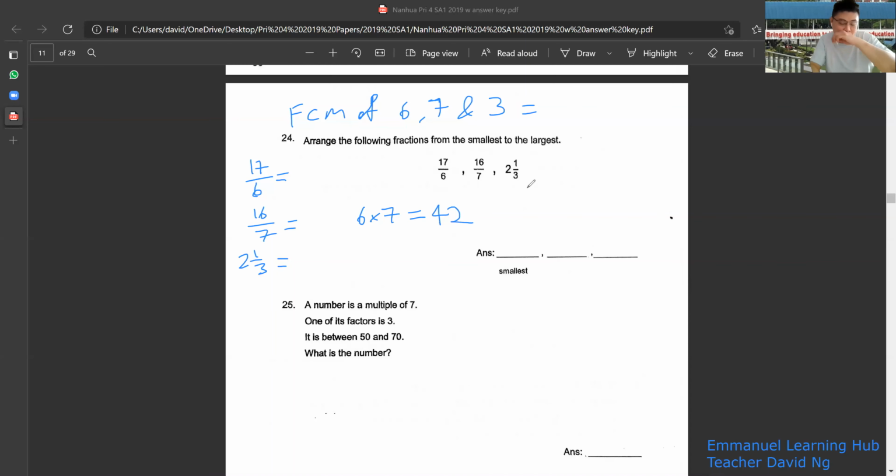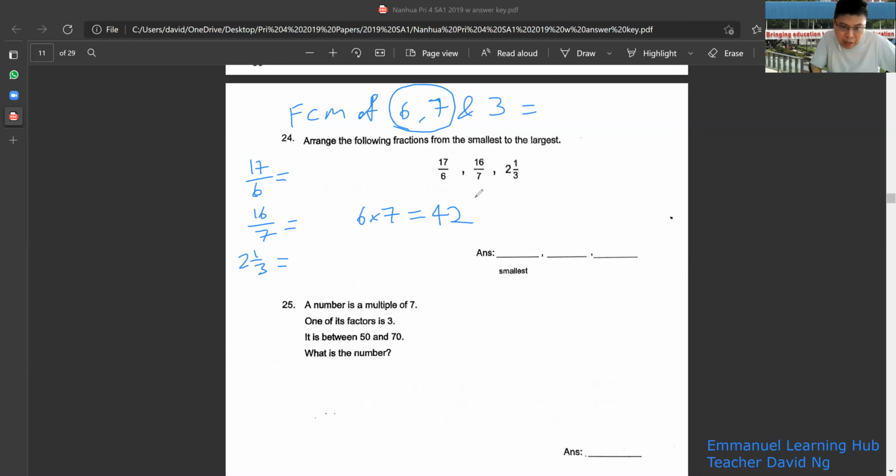Okay, it's correct, 42. Maybe I heard wrongly. I heard you say 52. I said 42. Okay, my bad. So 6 times 7 is 42. Because it's 42, when you use 6 times 7, that is a common multiple of 6 and 7 already.